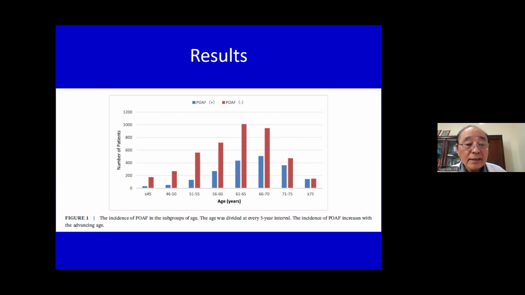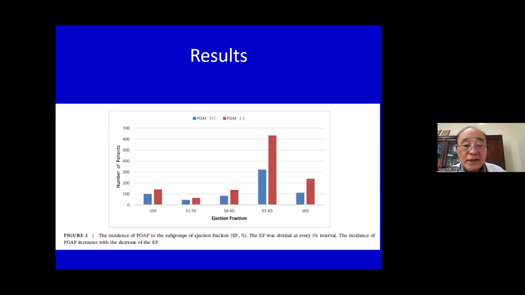So this tells you there is a very close correlation between old age and the incidence of postoperative atrial fibrillation. And most patients are in the group between 61 and 65 years old. You can see the incidence is around 30 to 40%, which is very dominant in the whole group.